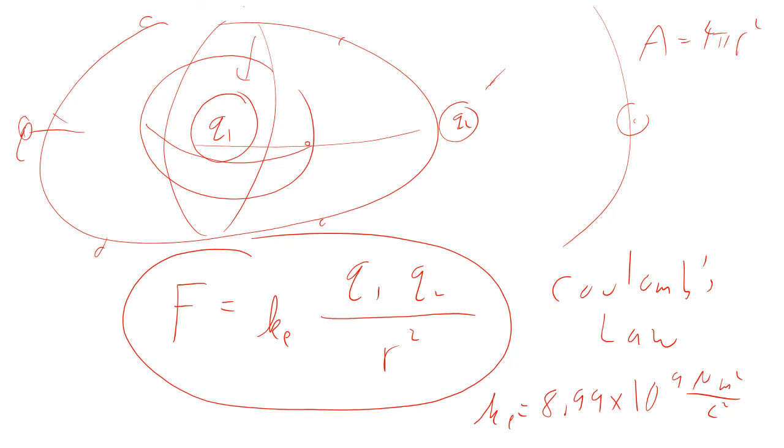Now, interesting thing. Later on in the semester, we are going to discover that in equations, we routinely get 1 over 4 pi k sub e over and over again. So that is given its own symbol, epsilon naught.